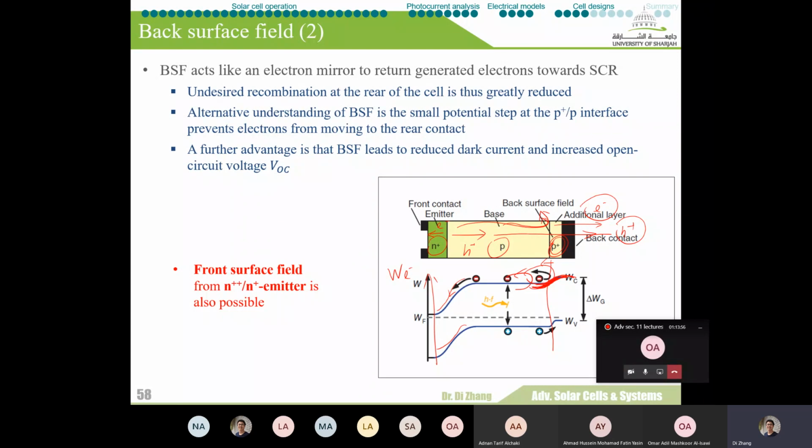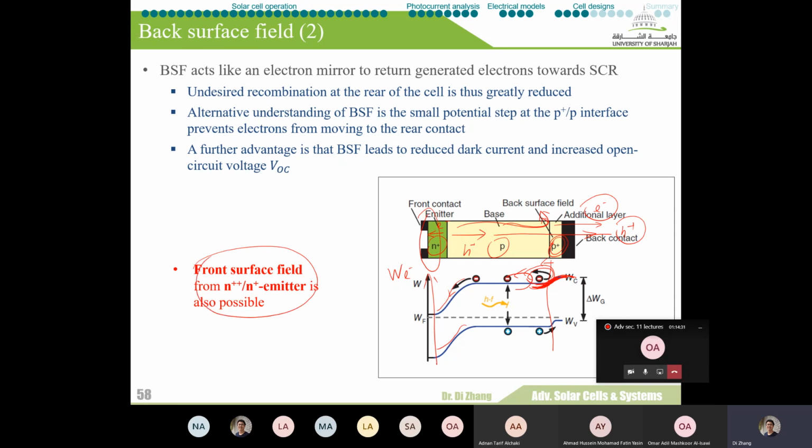And in this way, you can reduce basically the charge carrier losses. You can reduce the losses, and because they're turned back, you also avoid the unwanted recombination at the backside. So this is the idea for the back surface field layer that we're talking about here. Very similarly, if you are worried about the front surface recombination losses, you can also add another front surface field layer, right?